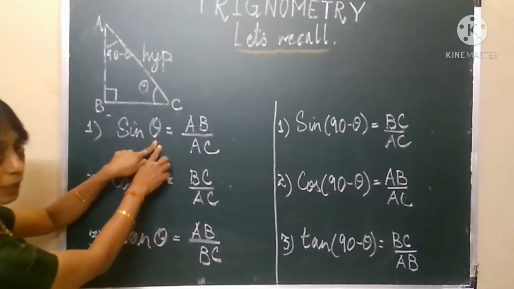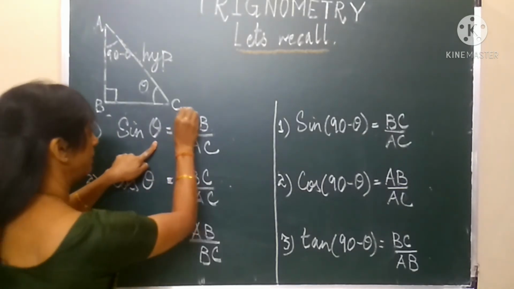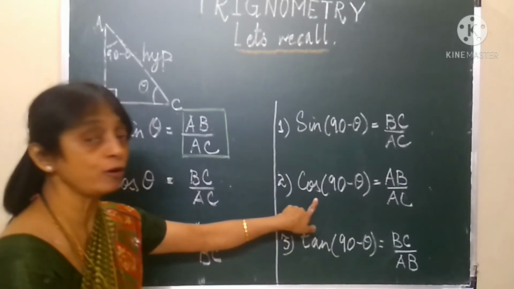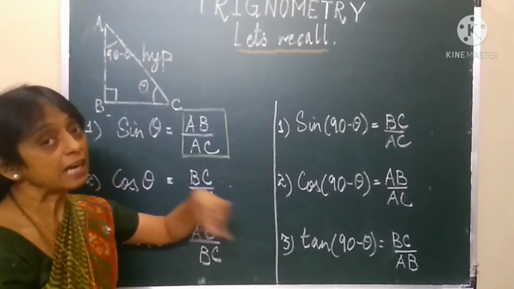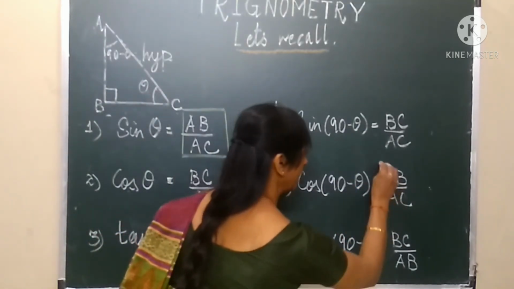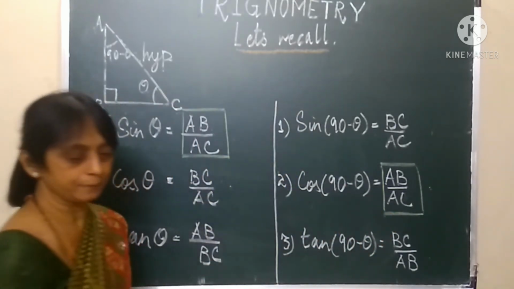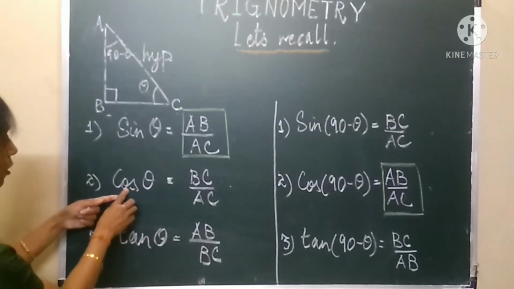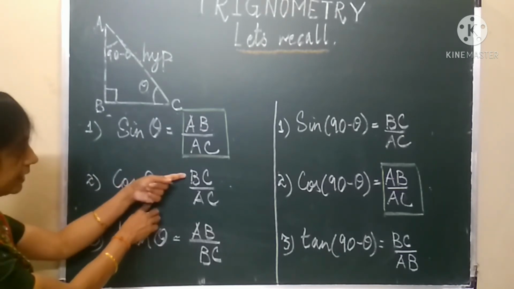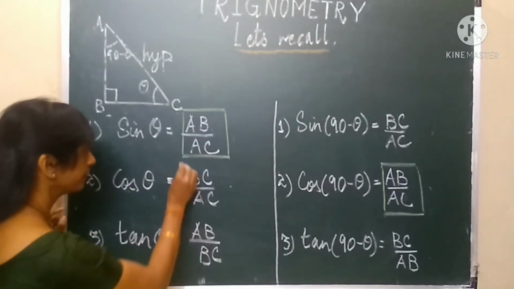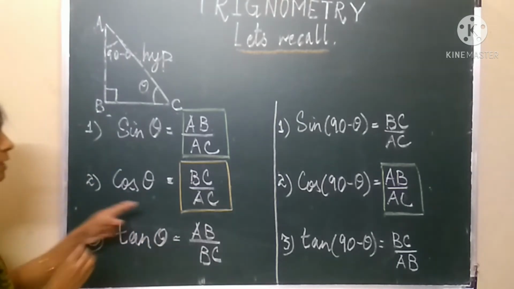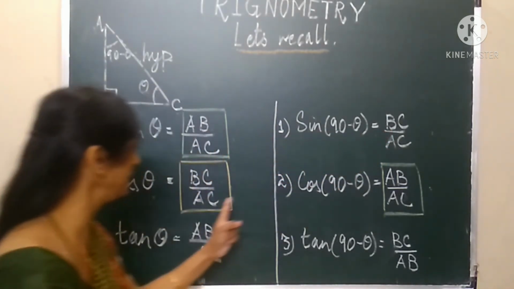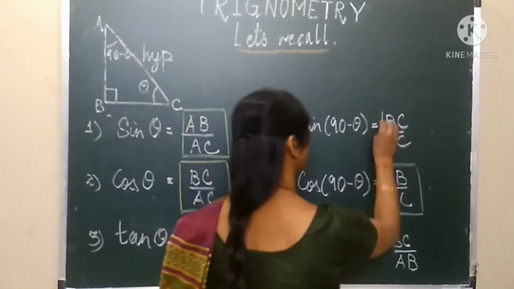Sine of one acute angle, that is theta, is AB upon AC, which is equal to the same answer for cos of the other acute angle, that is AB upon AC. Let's see the next one. Cos of theta, that is BC upon AC, was equal to sine of the other acute angle, BC upon AC.